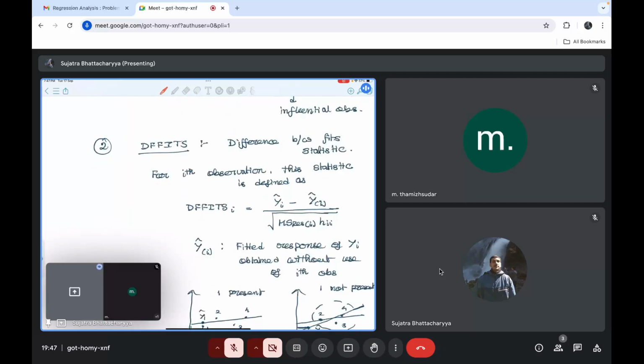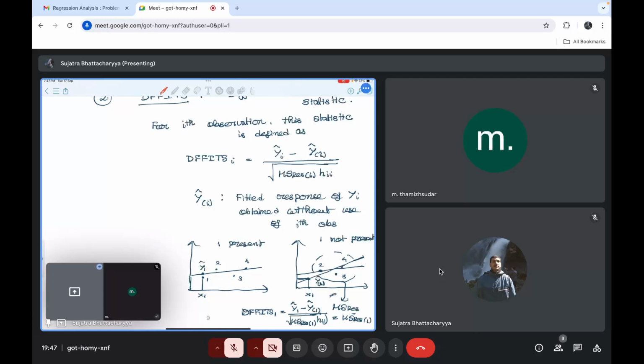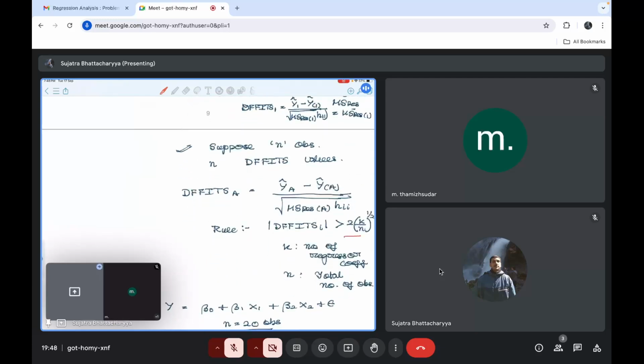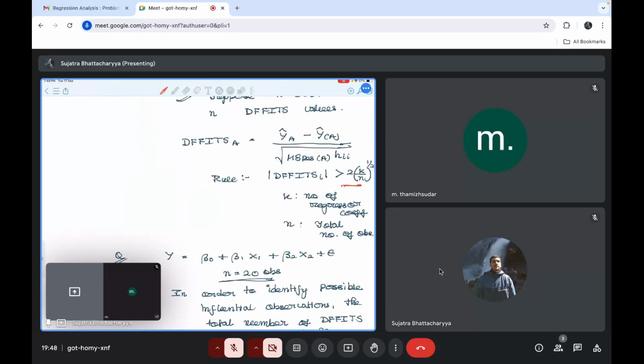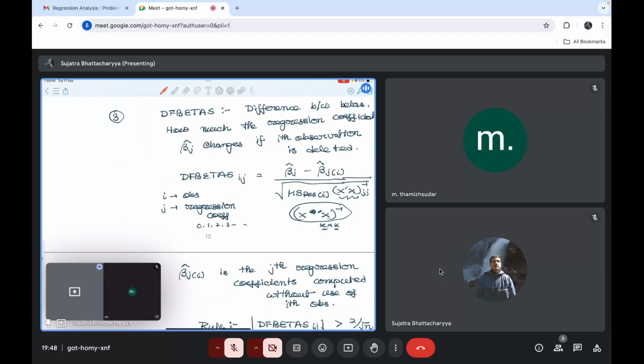Then we have seen DF fits, where we have found out that if the number of observations is n, then there will be n DF fit statistics. Whichever is larger, and particularly following this criteria, is the influential observation. Next is DF betas, where you are also considering the regression coefficients.